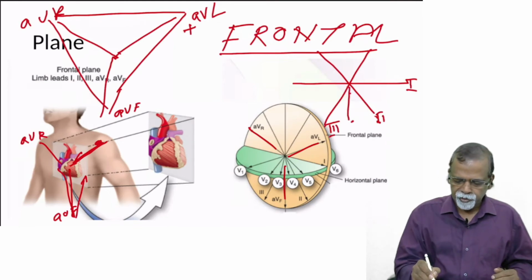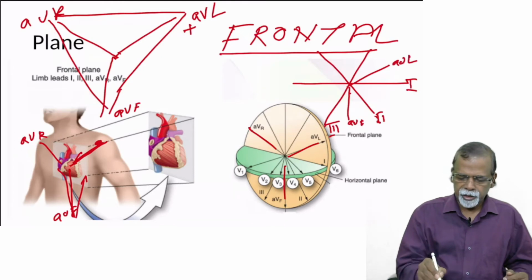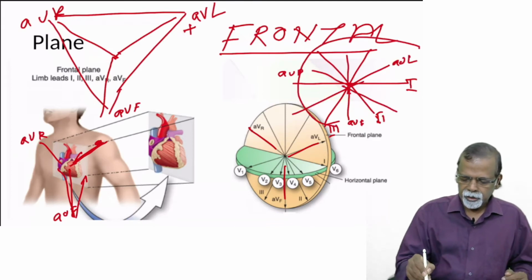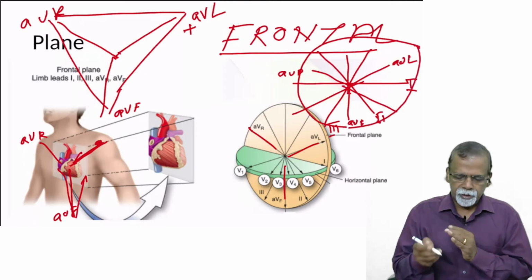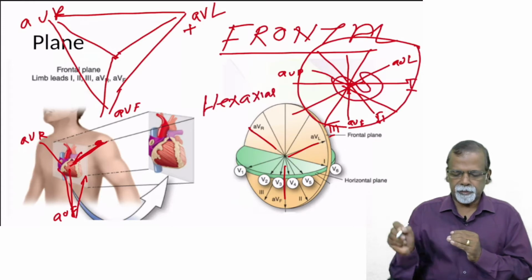So this will be the AVF, and here comes the AVL, and here comes the AVR. Here extend the line like this. And now there are 6 axes. This is called the hexaxial reference system, and the heart is sitting here.